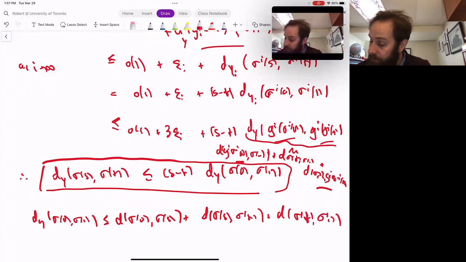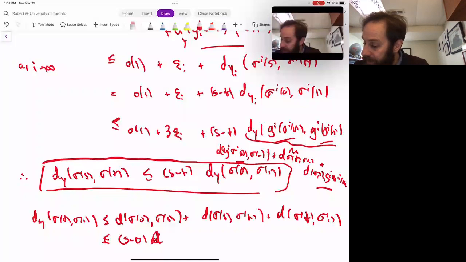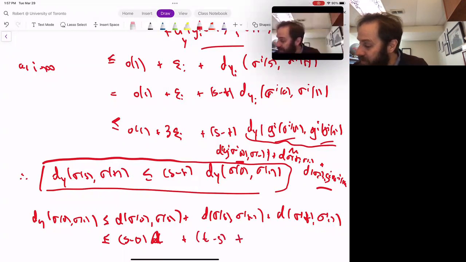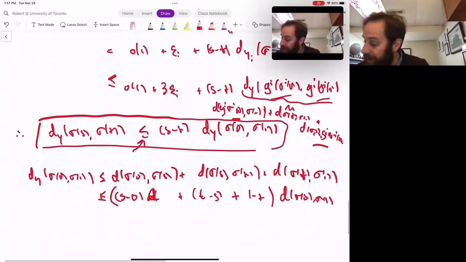And so if this is less than s minus 0 times, and this is less than t minus s, and this is less than 1 minus t, all times d of sigma 0, sigma 1, which is what we just checked above, then adding these things up, we get equality. And so the inequalities have to be equalities throughout.